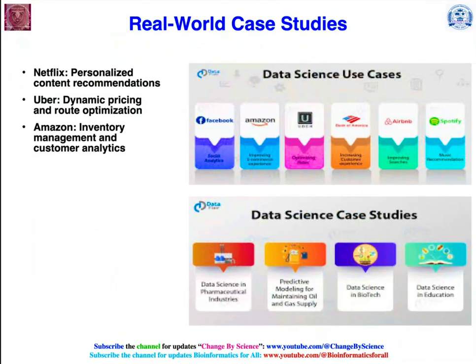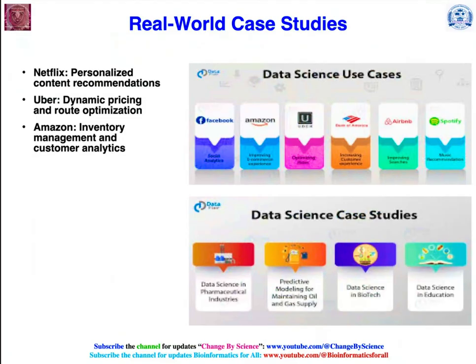For example, Netflix: personalized content recommendations; Uber: dynamic pricing and route optimization; Amazon: inventory management and customer analytics. But if you are working in a hospital, and someone has a query on different kinds of diseases, then you can recommend the doctors or suggest which section or department they should contact.